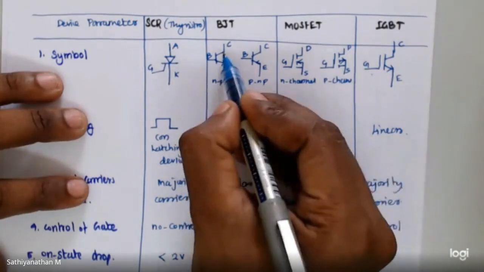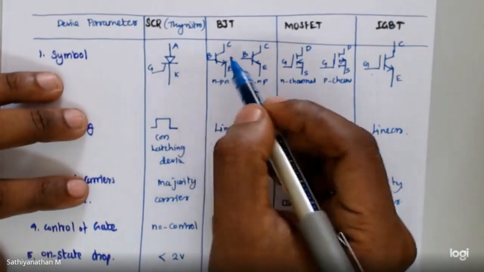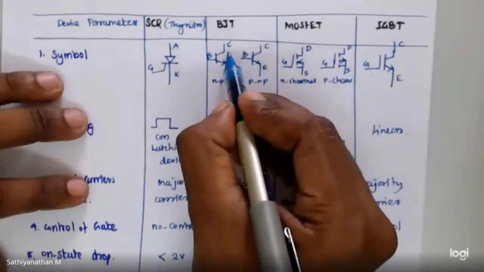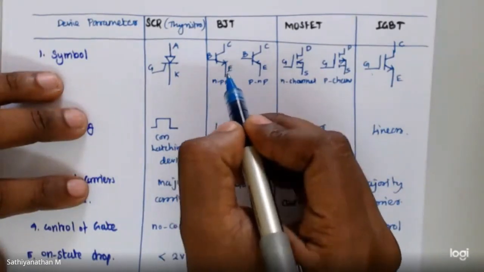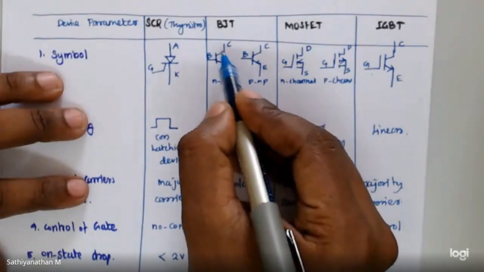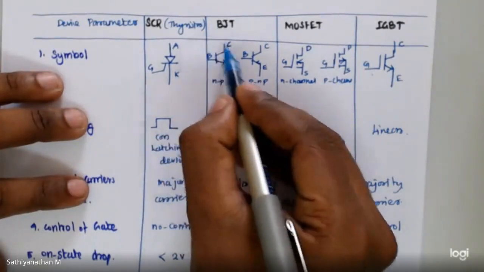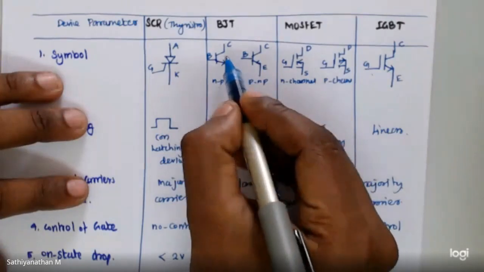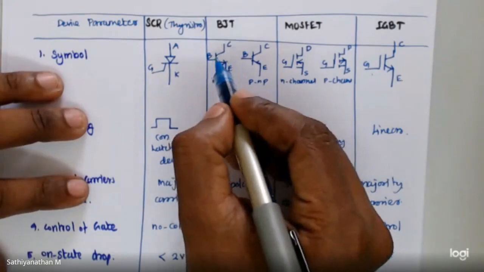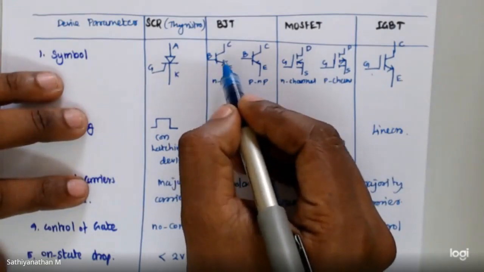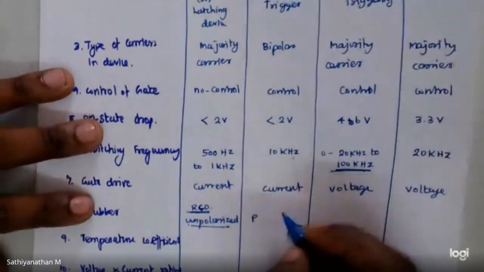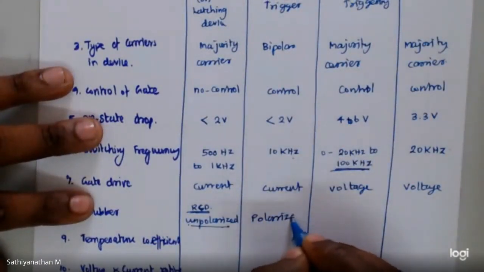Okay. So if it is in BJT, if you are connecting an RCD across the device, that capacitor should have a polarity. Otherwise, if you don't have a polarity, that will bypass your AC supply through it. So we should use a polarized capacitor, a polarized device for the snubber circuit, particularly for BJT. Okay, so the snubber circuit consists of polarized devices.